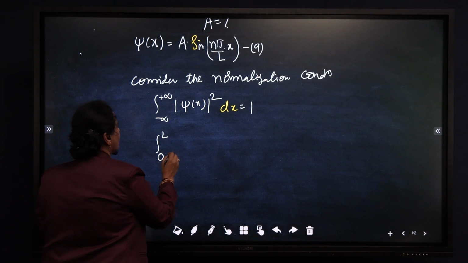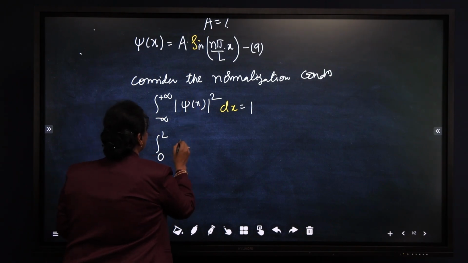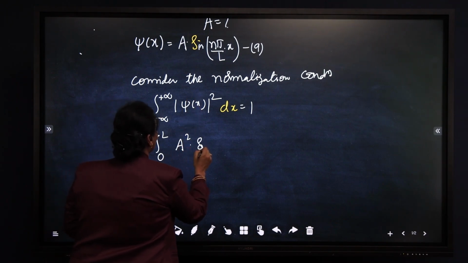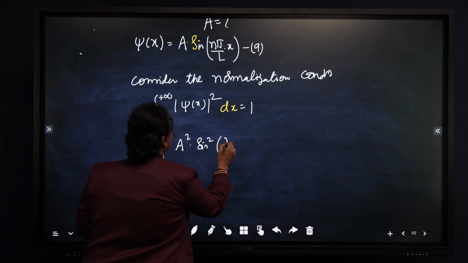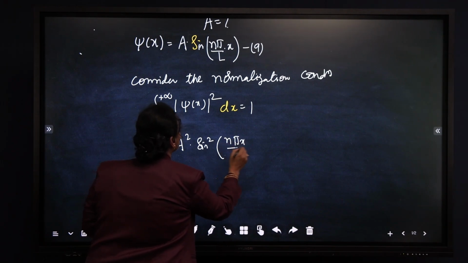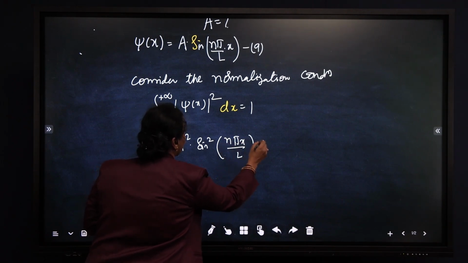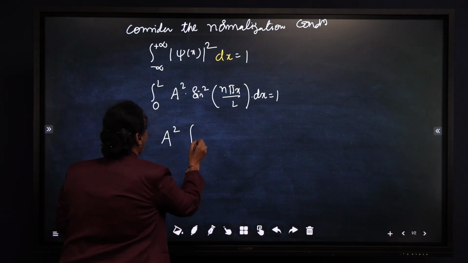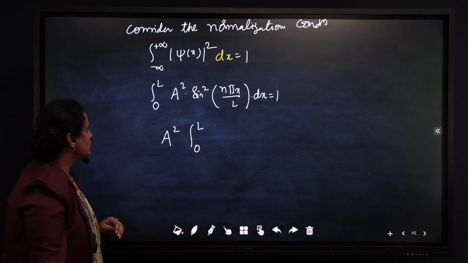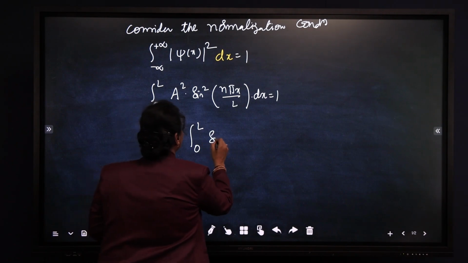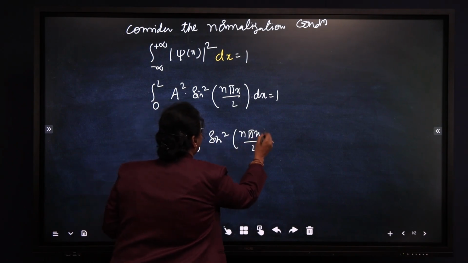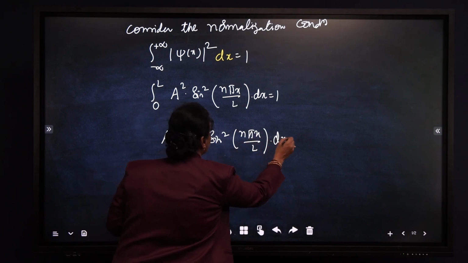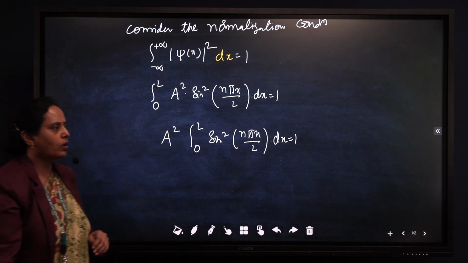Therefore, integration 0 to L of mod a square into sin square n pi x by L into dx is equal to 1. Take a square out, integration 0 to L sin square n pi x by L into dx is equal to 1.